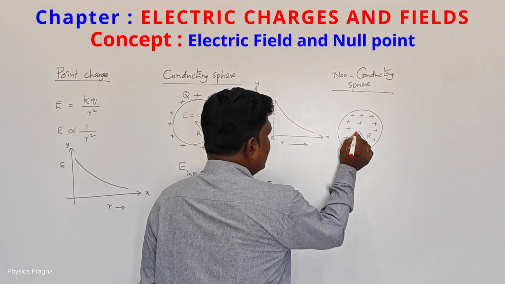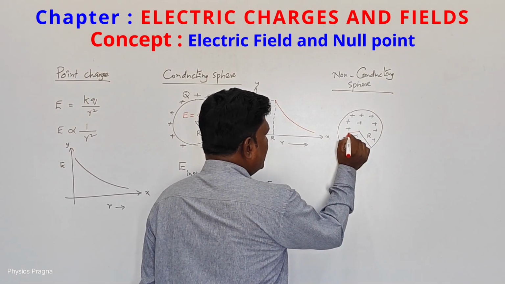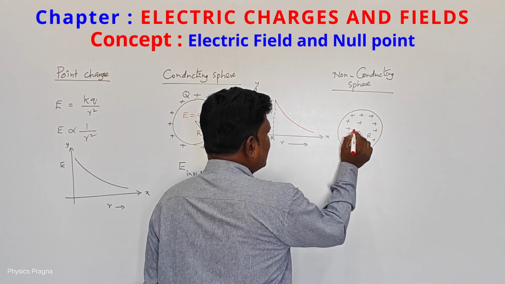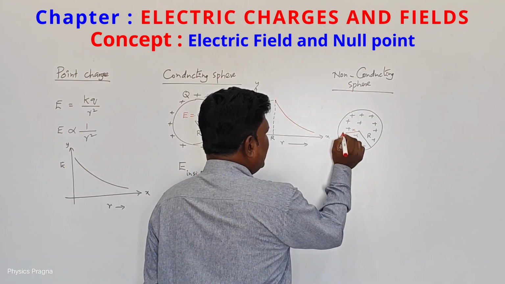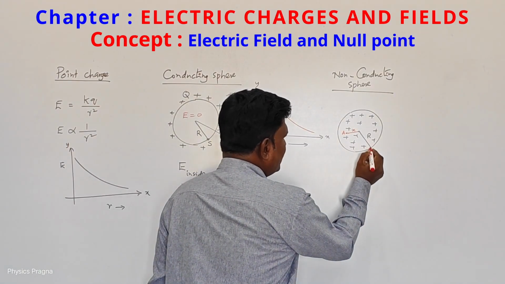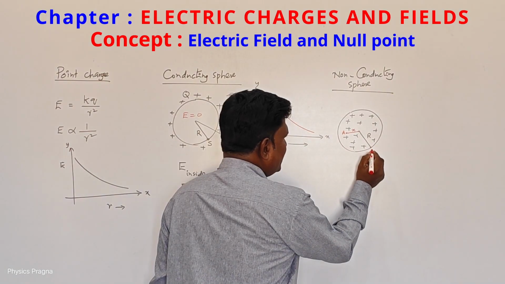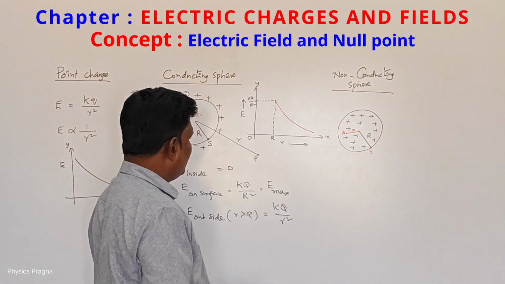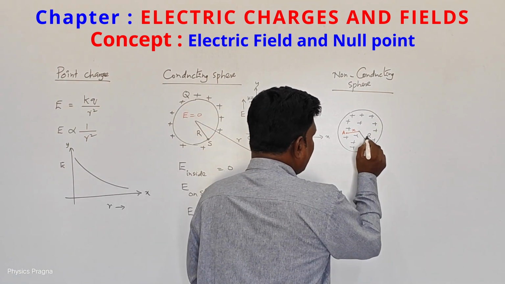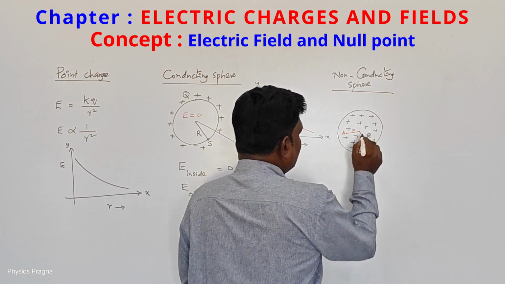So what do I take? I take a small point at x distance. This is point A, which is inside, and I have taken another point S on the surface of the sphere. The radius of the sphere is r, right?